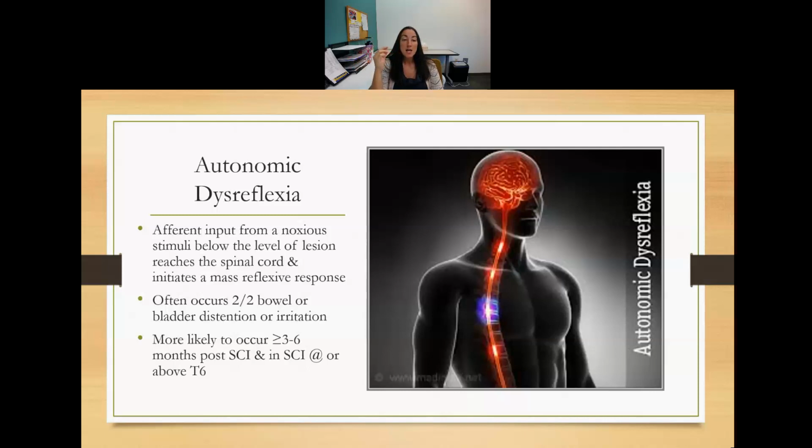And so typically with somebody who has a spinal cord injury at T6 or above, if there's any noxious, painful stimuli below that level, although you can't feel it to know and to remove it, their brain still receives some sort of input and signal because of the lower levels of oxygen in the area.